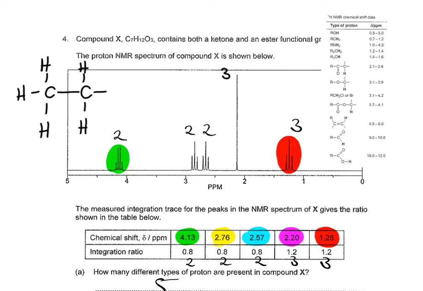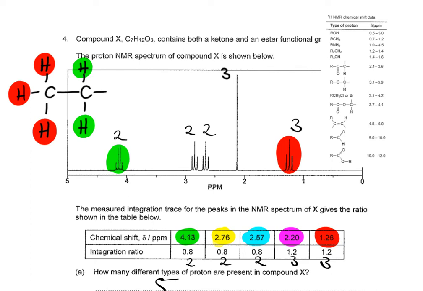This goes hand in hand with the green peak, where we've got 2 equivalent hydrogens, and since that's a quartet, they must be living next door to 3 others, which gives us an ethyl group.